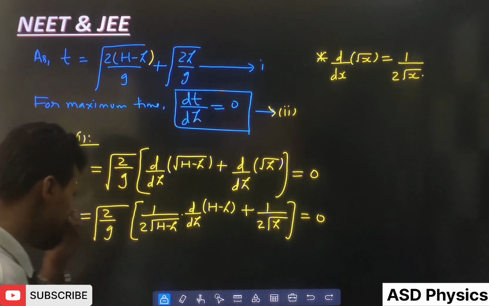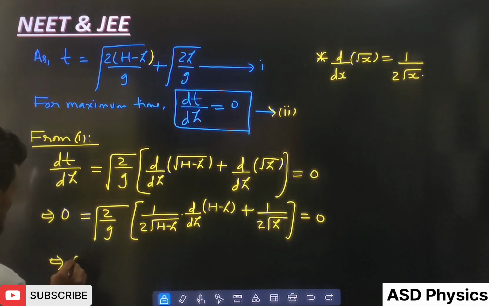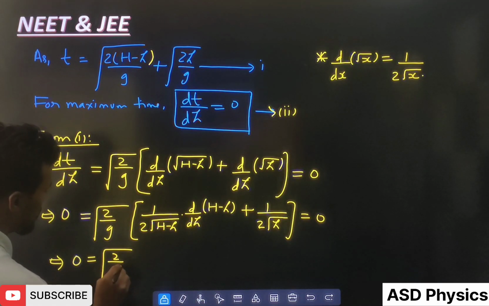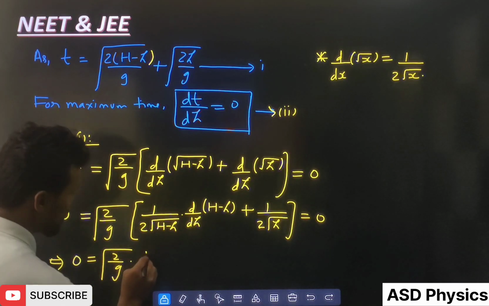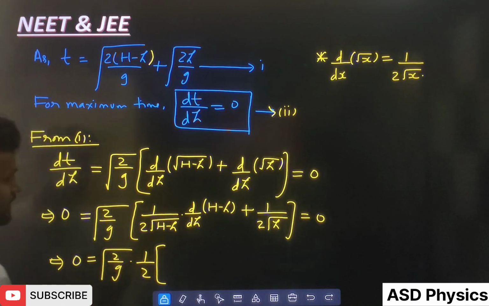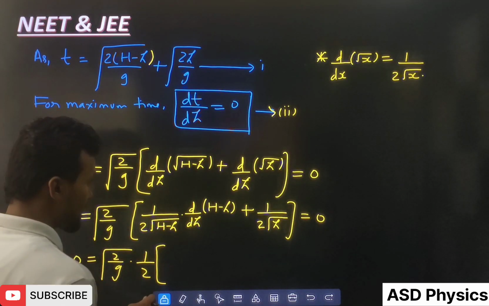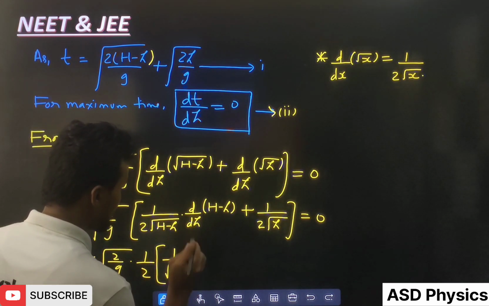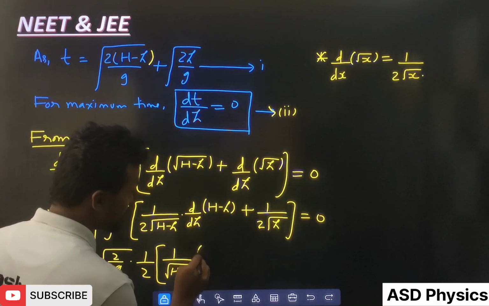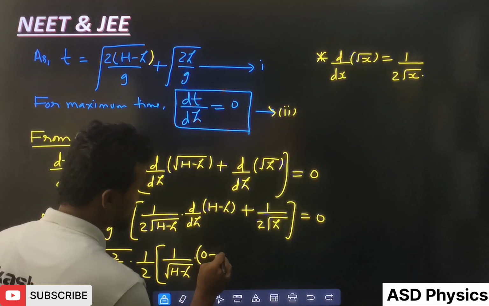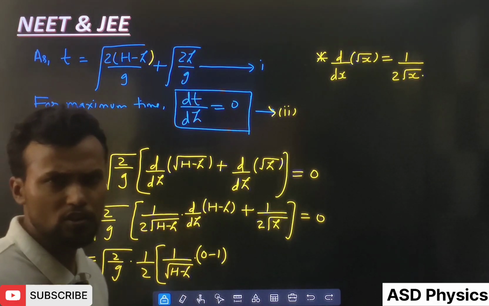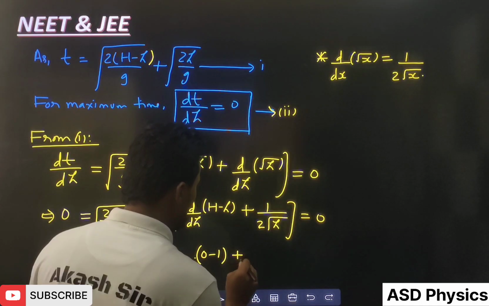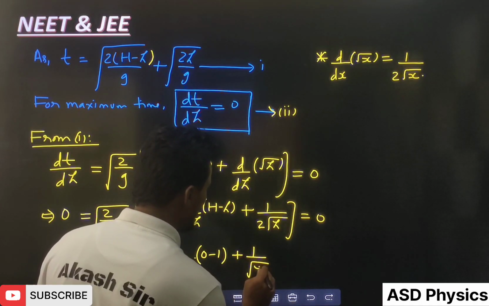Now we can write 0 equal to root 2 by g, and 1 by 2 came outside. So 1 by root of (H minus h) into d by dh of (H minus h), which is 0 minus 1 because capital H is constant, and plus 1 by root h.